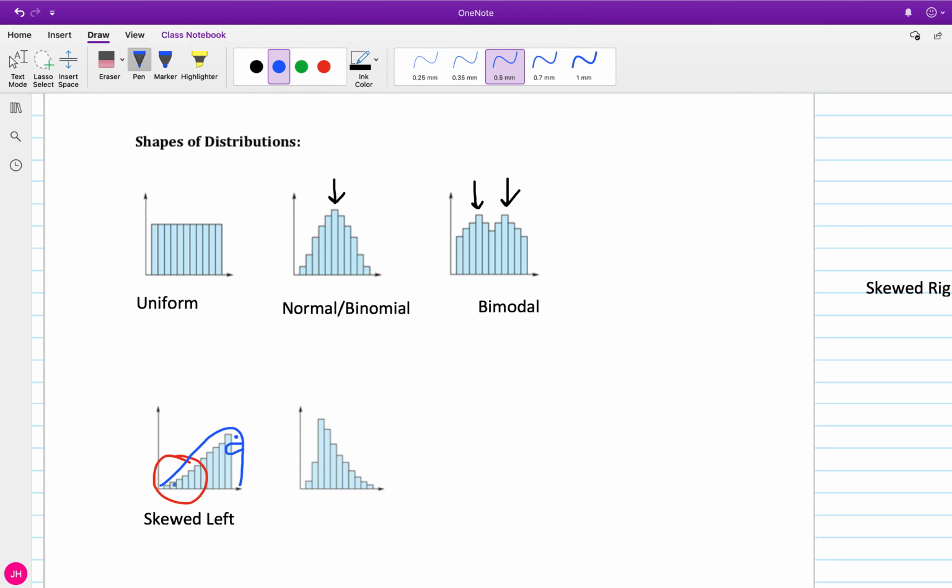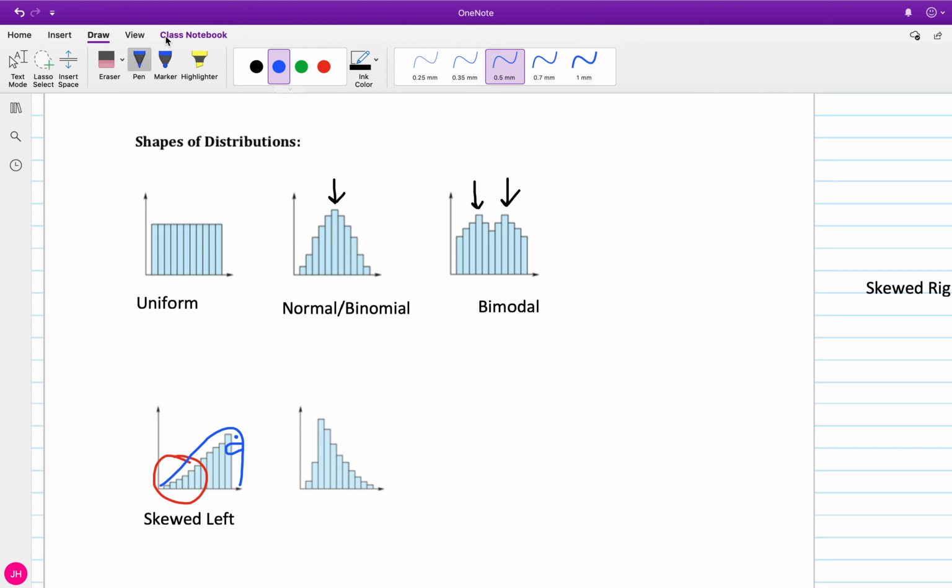So he's skewed left. What this means is there's data that's really, really low compared to everything else, and it's pulling our mean away from the median. The median is not affected by highs and lows in data as easily as the mean is.